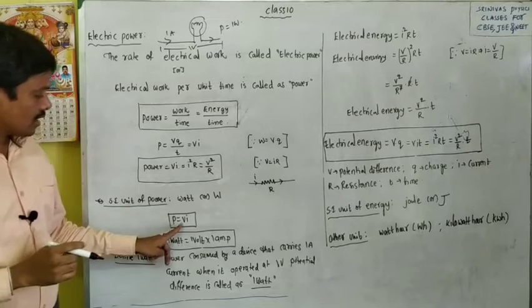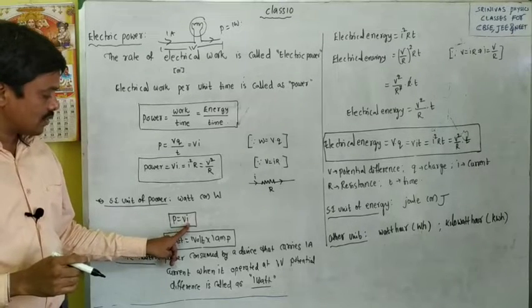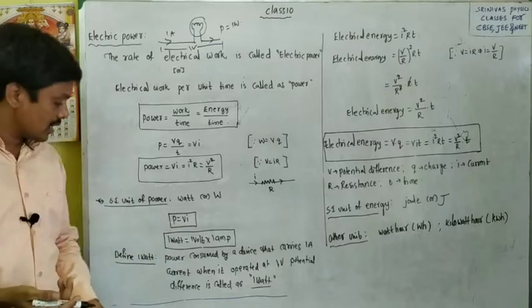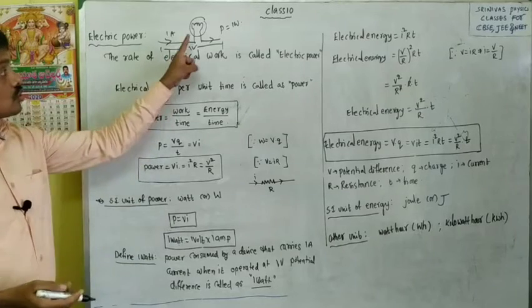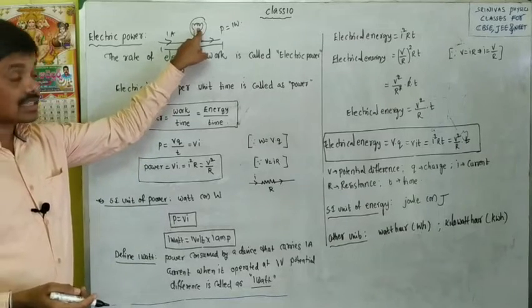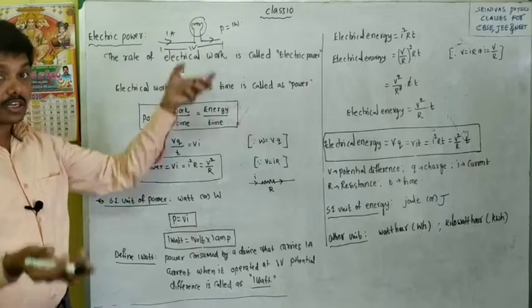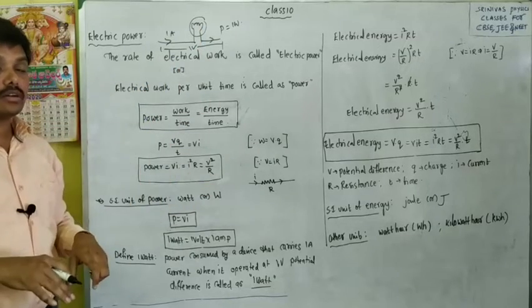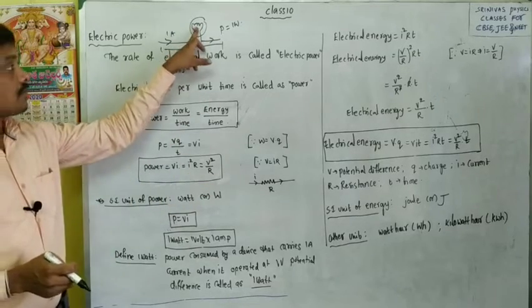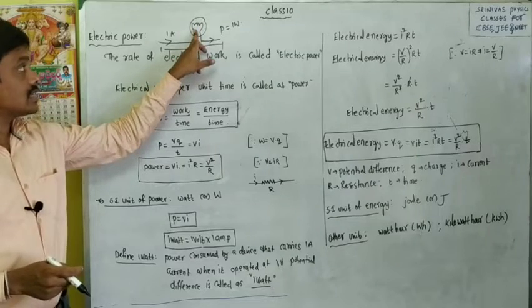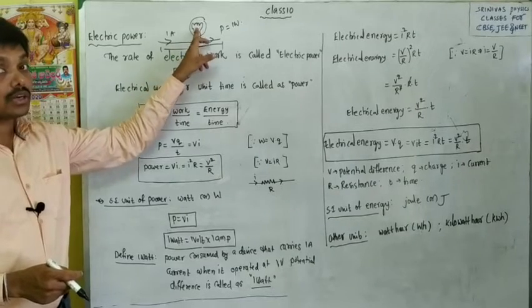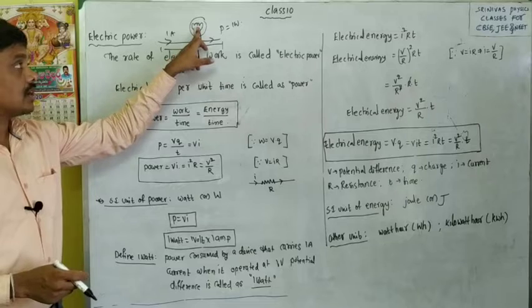That means when V is 1 volt, I is 1 ampere, then power is 1 watt automatically. The power consumed by a device, consumed means absorbed. Okay, this electrical power is absorbed and utilized, and it is converted into other forms by the device.